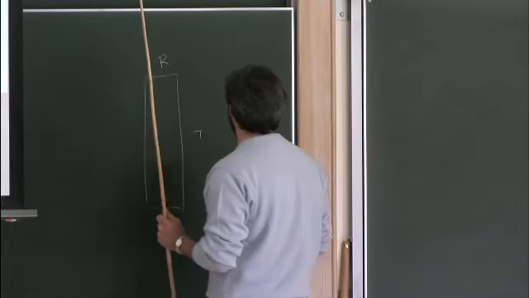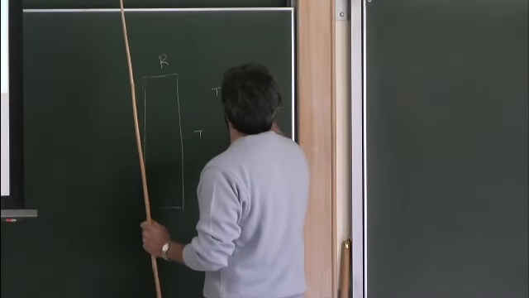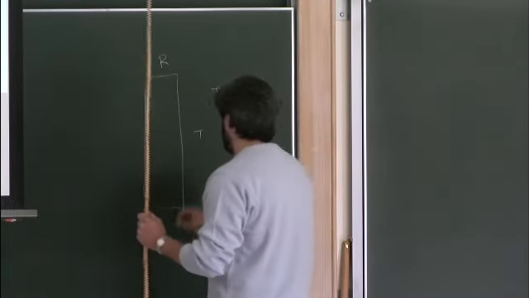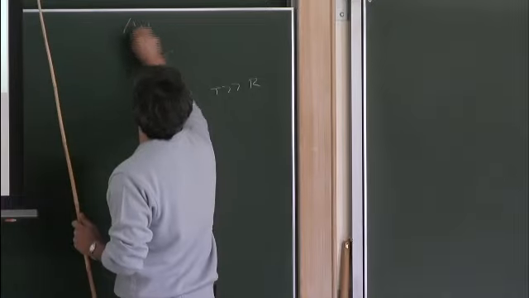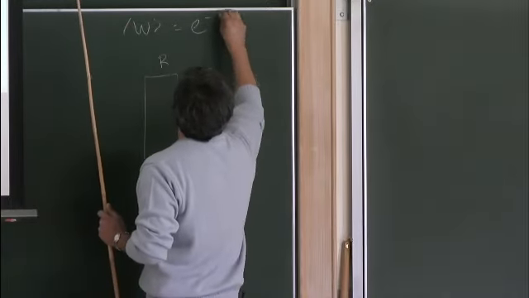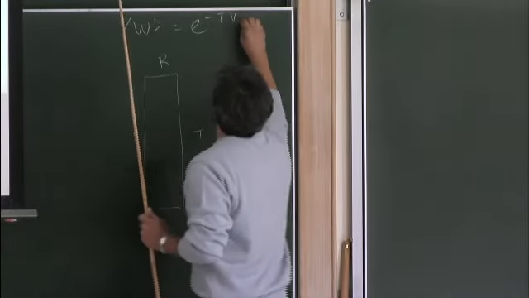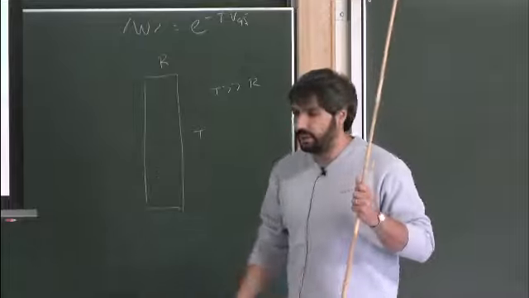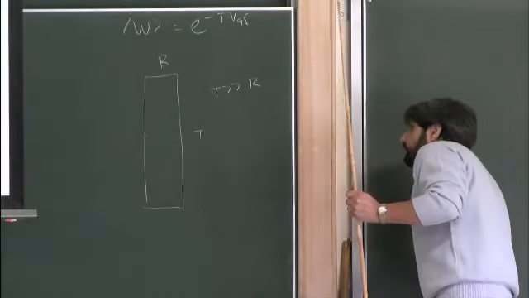Let's call this the spatial separation R, and this a temporal separation T, demanding that T is much larger than R, and the expectation value of such a loop gives us the static quark potential.